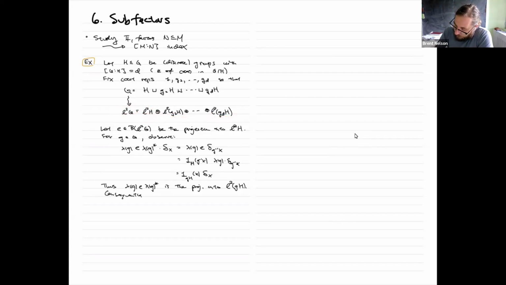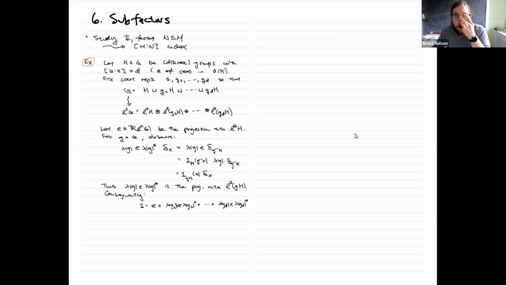Consequently, we get that 1 is equal to E plus lambda G1, E lambda G1 star, plus lambda G2, E lambda G2 star, up to lambda GD, E lambda GD star.